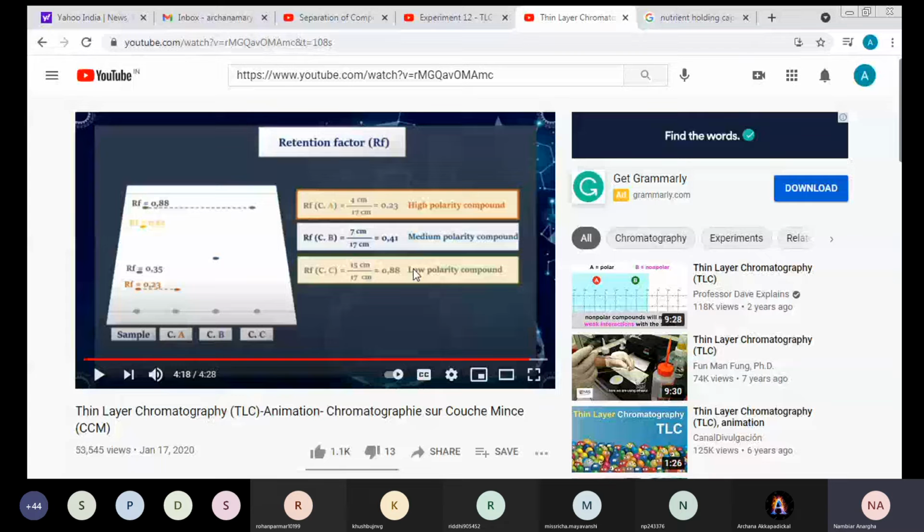The one with an RF value in between 0 and 1 will have medium polarity, and the one which has a very low RF value is of higher polarity, which indicates that it is more retained by the stationary phase than by the mobile phase. You understand?